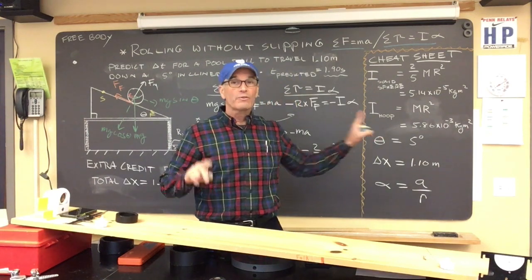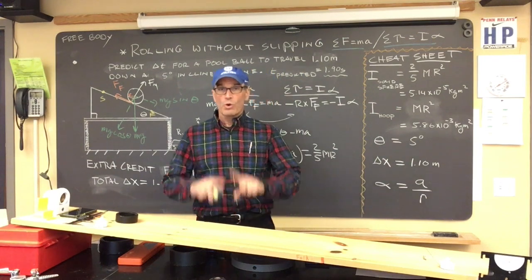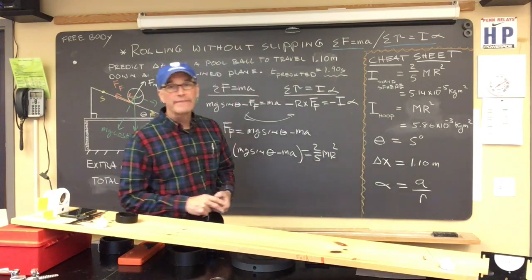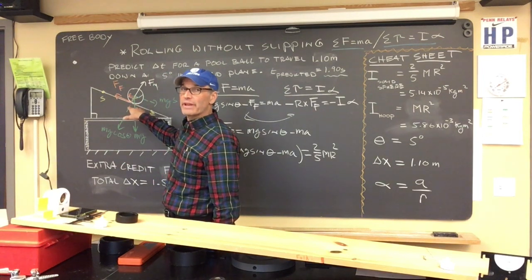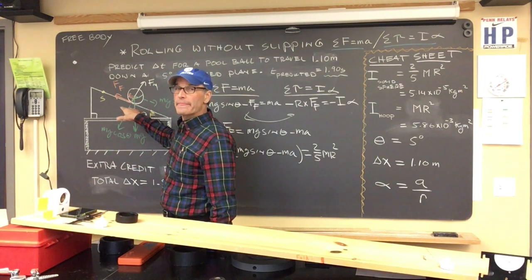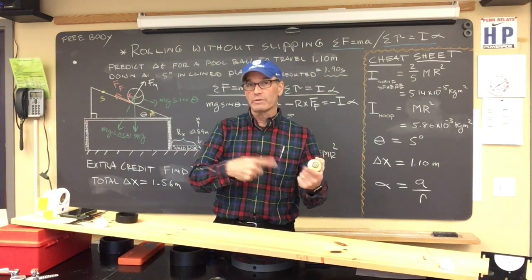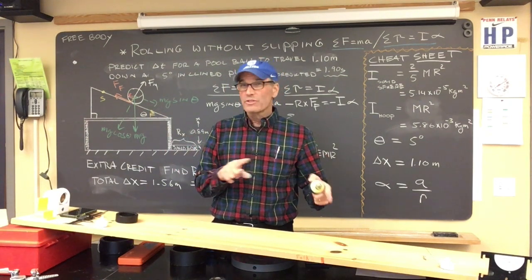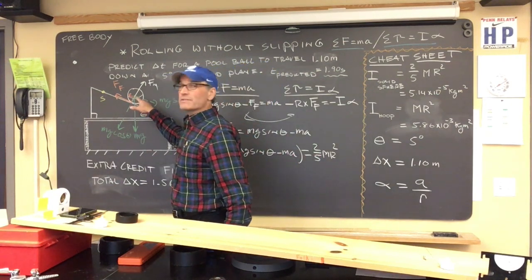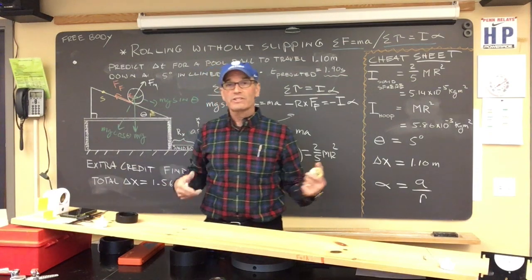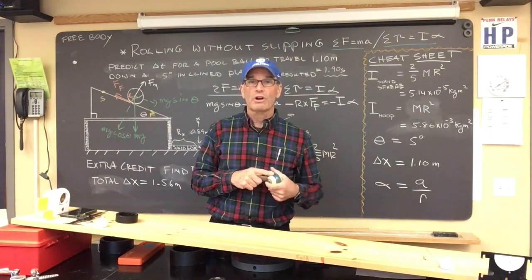Now, a over little r, we have big R. So here's a warning to everyone. If the distance from the axis of rotation to the point of application is not equal to the radius of the rigid body that's rolling without slipping, don't get those mixed up. They're not the same. But in this case, the distance from the point of application to the axis of rotation is equal to the R of the rigid body.